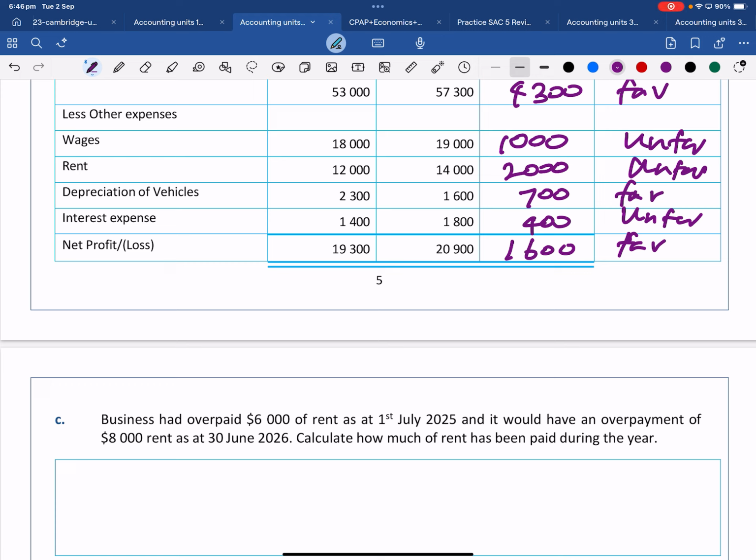Is it 14K? Others, guys? Or is it just 12K?